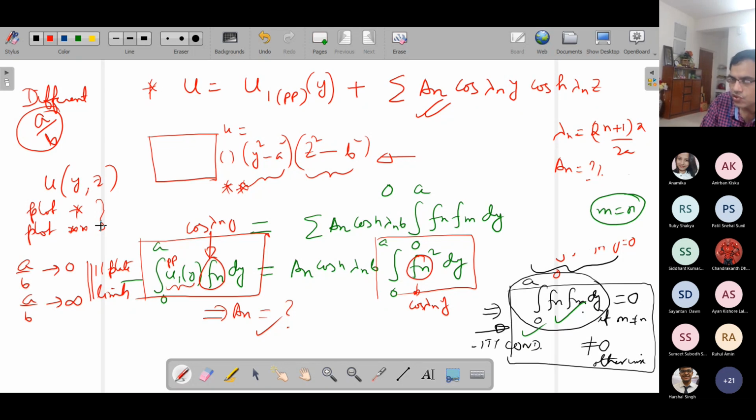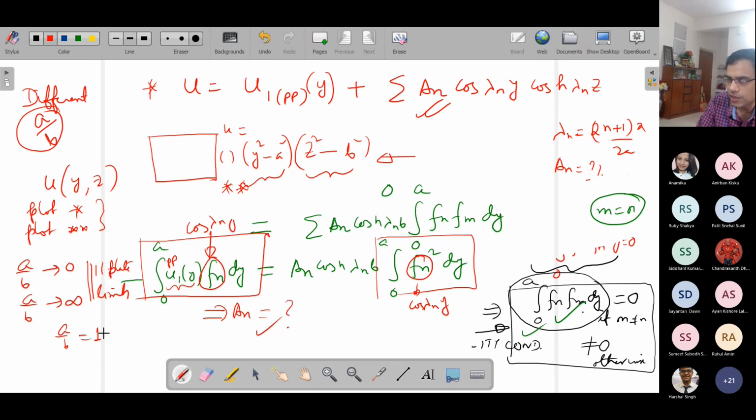And from common sense, we can say that the disagreement is maximum when A and B are exactly comparable, very similar, not one of them much larger or smaller than the other. So when A by B equals 1, that is a square section channel, possibly you will get the maximum deviation between these two. But this is what I am saying from scientific bias.